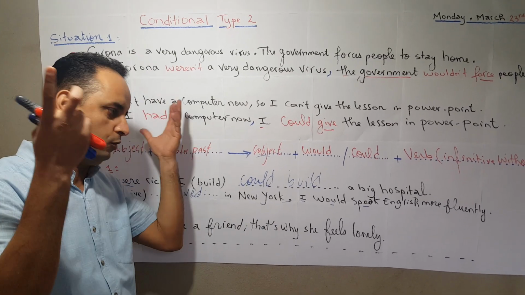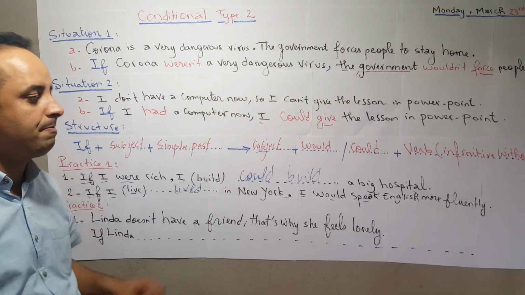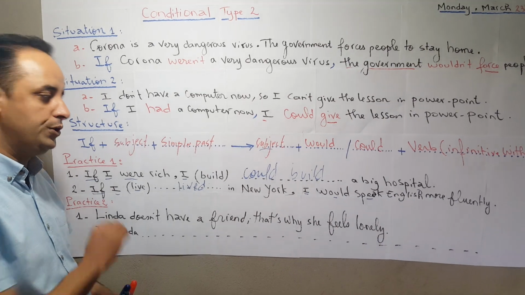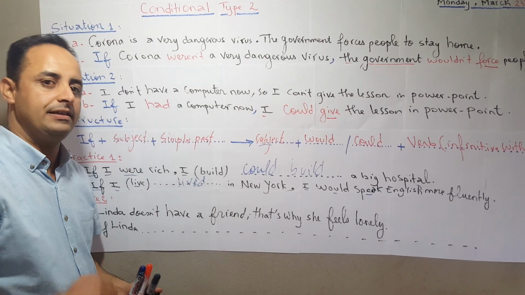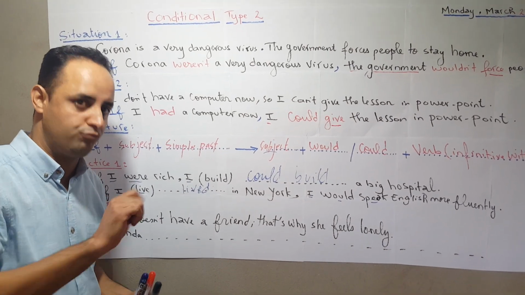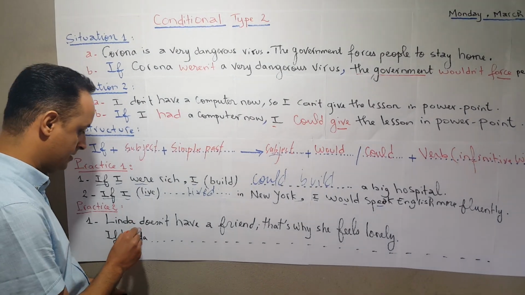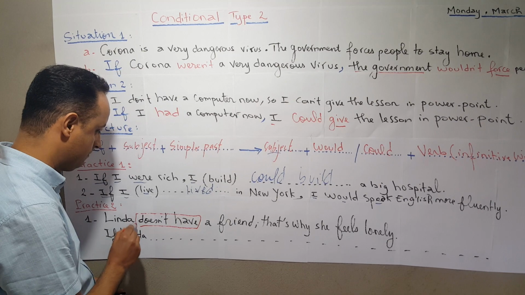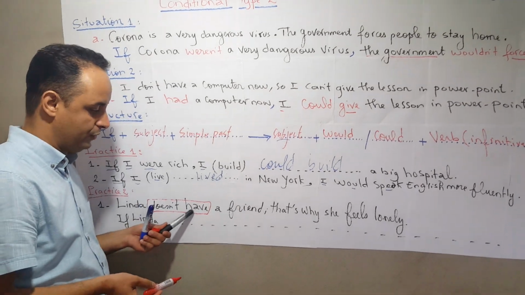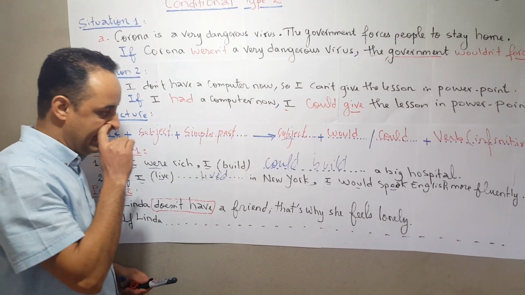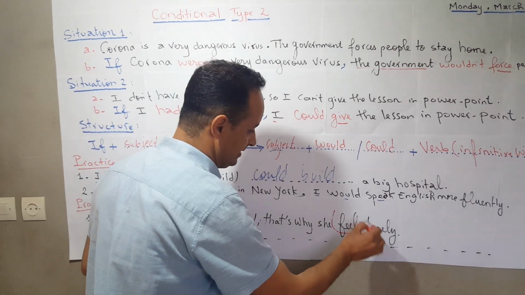We just suppose "if Linda." The first thing you do, you need to read your sentence. Does it have to do with present? Please underline present. It should be in the present. "Linda doesn't have," of course this is present simple of the verb "have," negative form, and "that's why she feels."